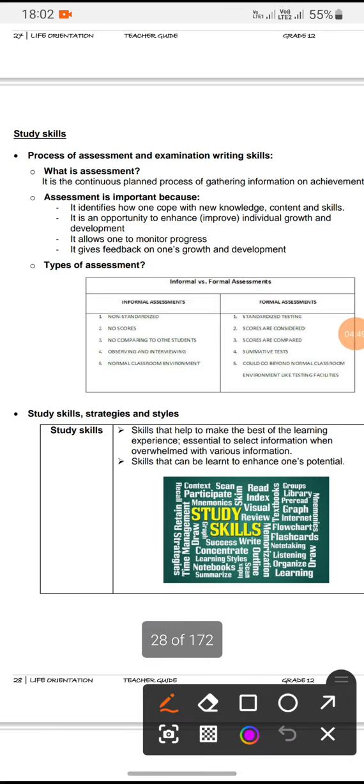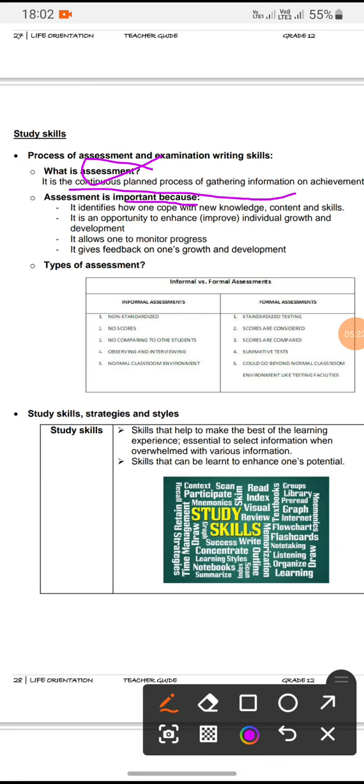What is an assessment? The continuous process of gathering information. The assessments that they give you in school, like your exams, tests, and homework, those are your assessments. So they may ask the question: evaluate the importance of assessments.